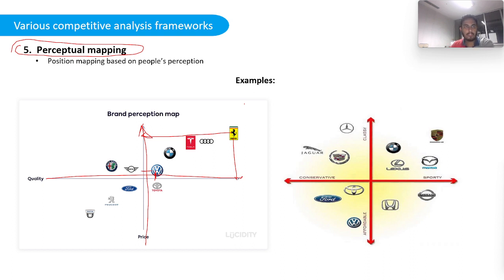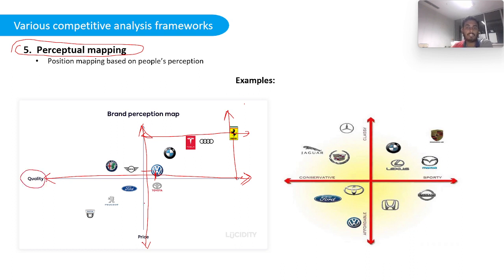Okay, sorry for the interruption. So in perceptual mapping, as I told you, you map information about competitive products as well as companies into a set of quadrants where you define the particular metrics, the particular values based on which you want to position.